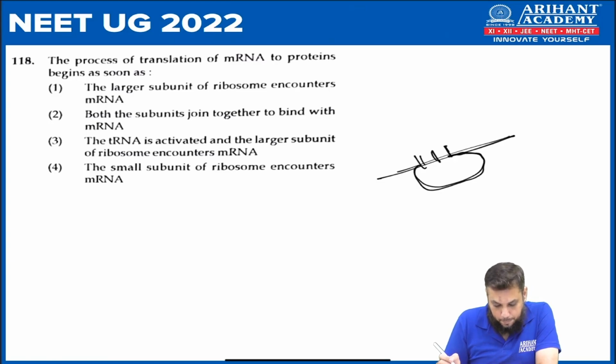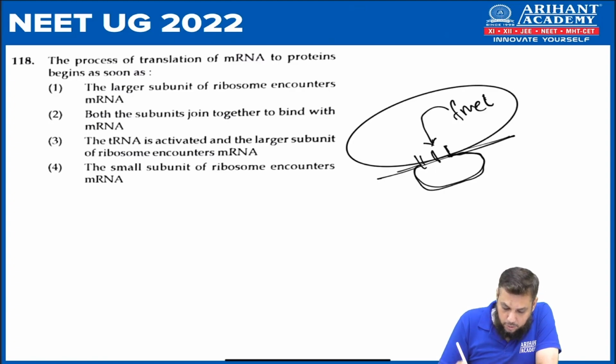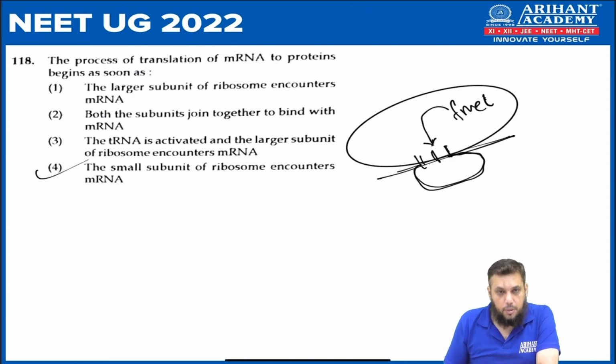That's the first step. Then there is the entry of the tRNA containing methionine or F-methionine. Then there is the formation of the larger subunit. So the first step would be when the small subunit of ribosome encounters the mRNA. So 118, it will be 4.